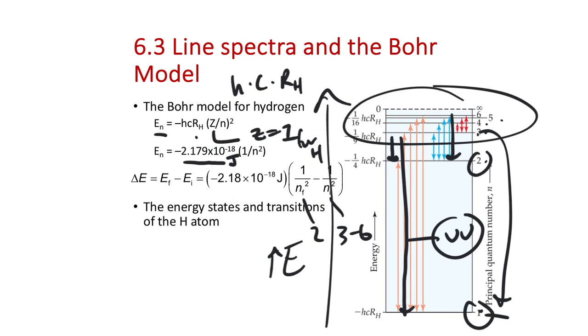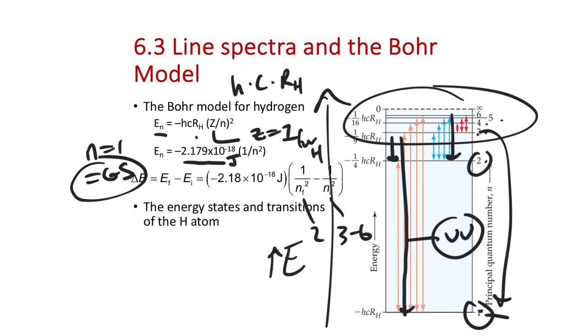And so the lowest ground state would be n equals 1. So the ground state, the GS, the lowest possible state, is n equals 1. N equals 2 would be a higher energy state. N equals 3 even higher. And so this equation is just establishing the energy of the H atom. Each of these energy levels is for the electron moving further and further away from the nucleus.